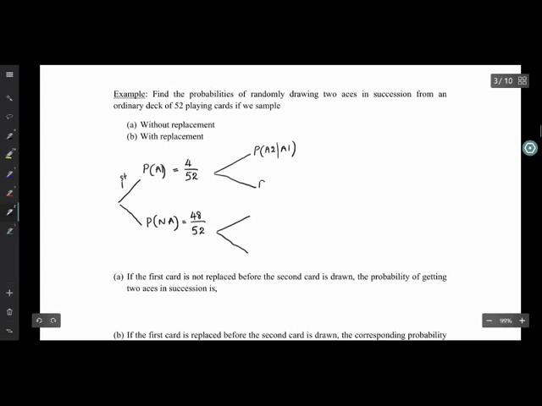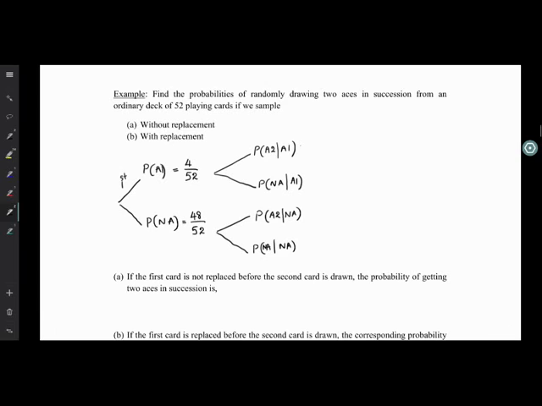Or you may select a non-ace card, knowing that in the first pick you already had an ace. If you go to the second branch, when you pick the second card, you may end up with an ace, but the first pick was not an ace. Or you may end up with a non-ace card, knowing that the first one was also a non-ace.